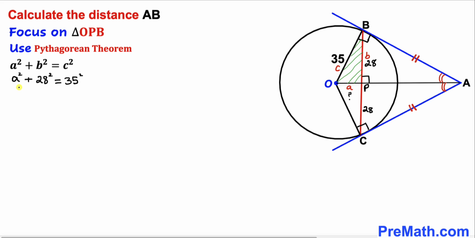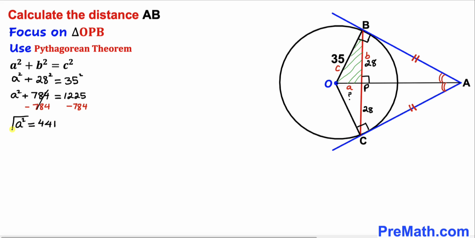Now let's go ahead and solve for A. So we are going to put down A square. 28 square is 784, equal to 35 square, which is 1225. Let's subtract 784 from both sides. So our A square value turns out to be 441.